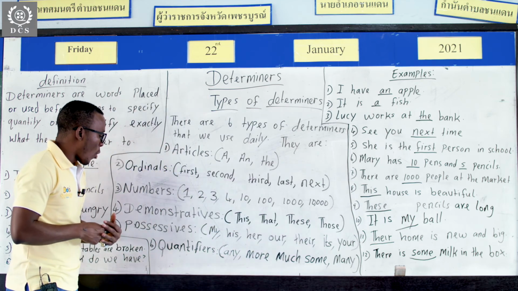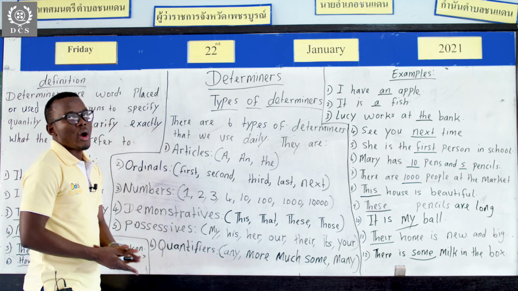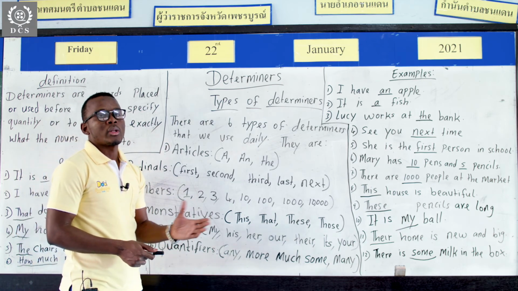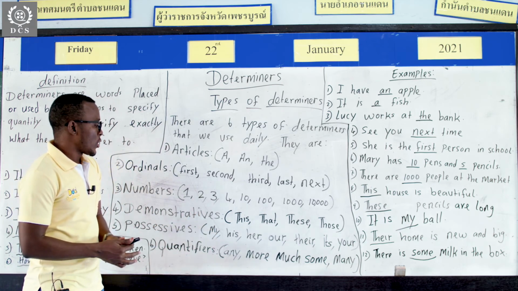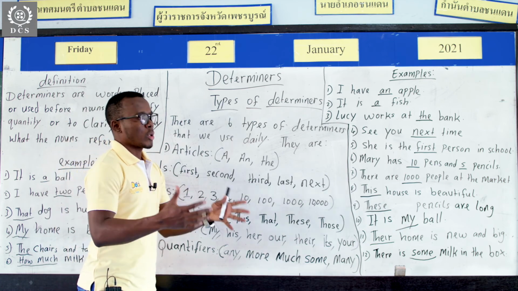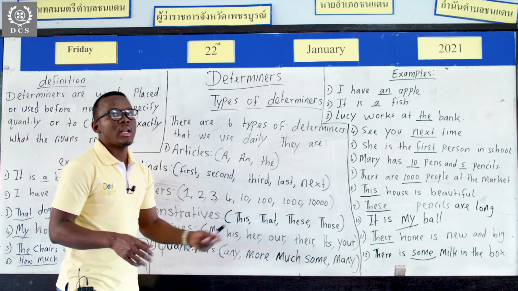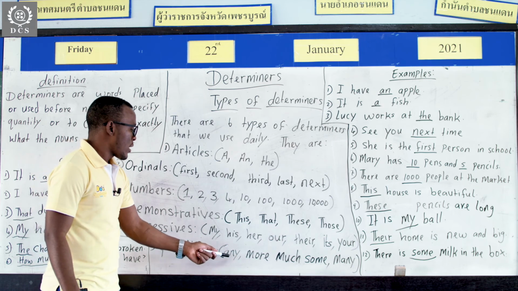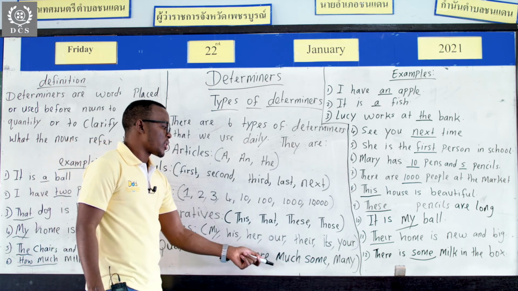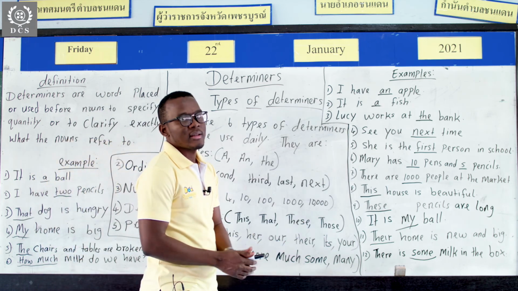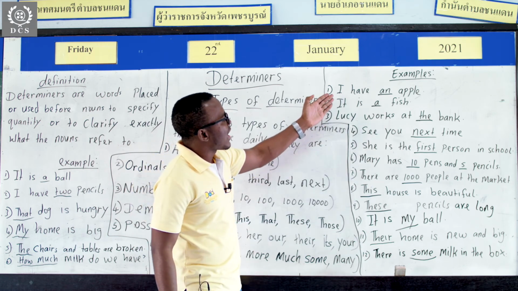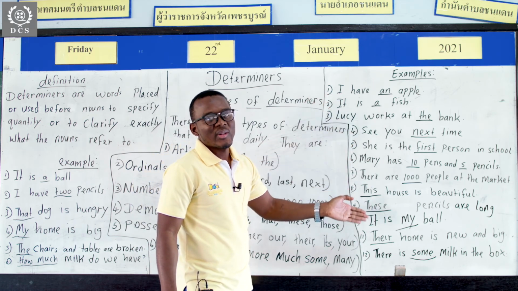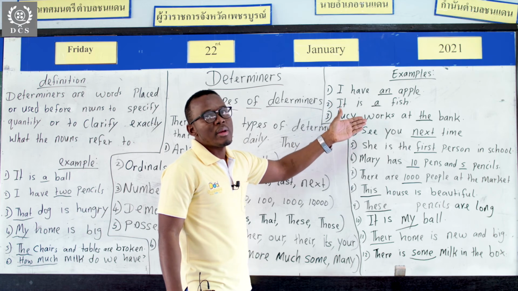And the next one is quantifiers. They tell us exactly what quantity of something is available. So we have any, more, much, some, many. And these are some examples with determinants.